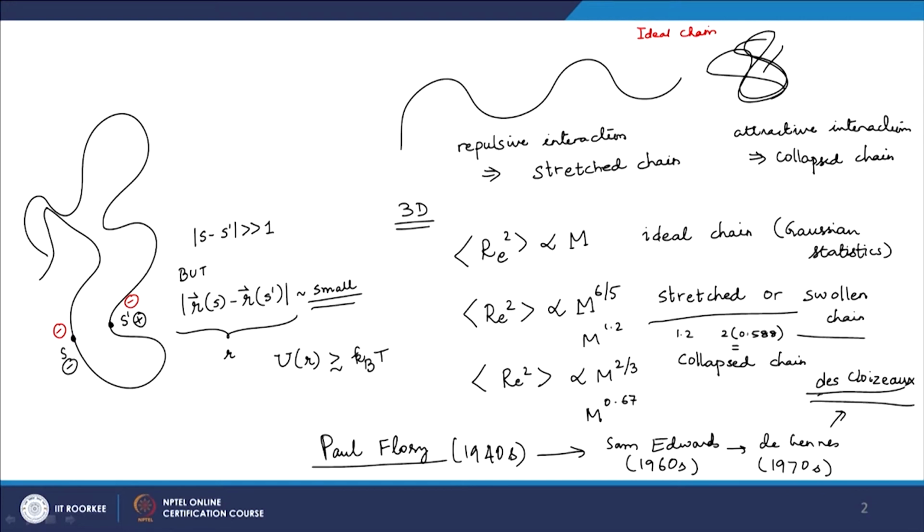Okay. So, we will start with the background that the theory is based on wrong assumptions. We will not do the detailed theories of des Cloizeaux. Just to tell the name, the more detailed theory is known as renormalization group theory, that is beyond the scope of this course.